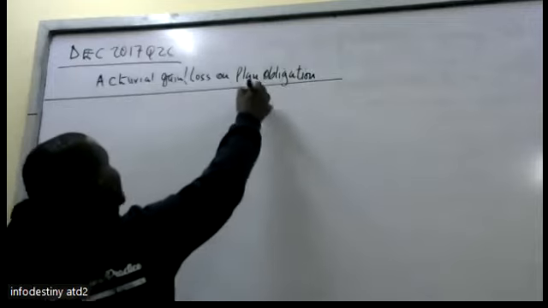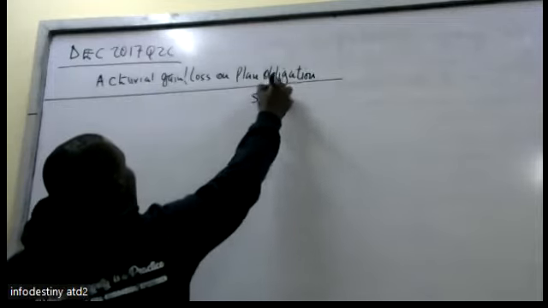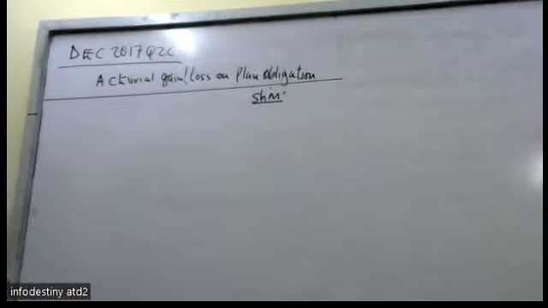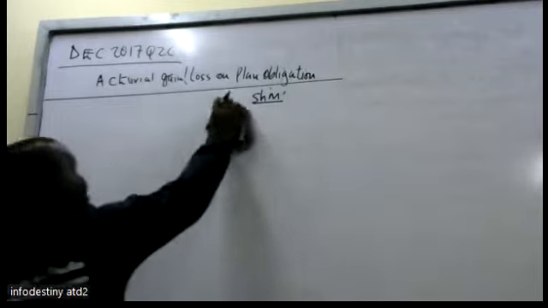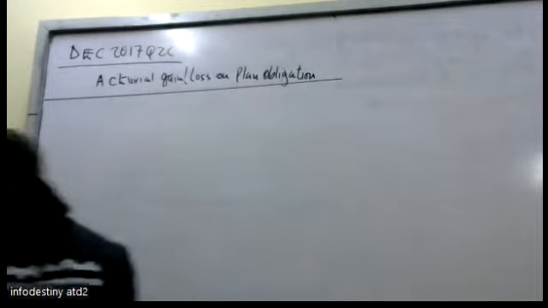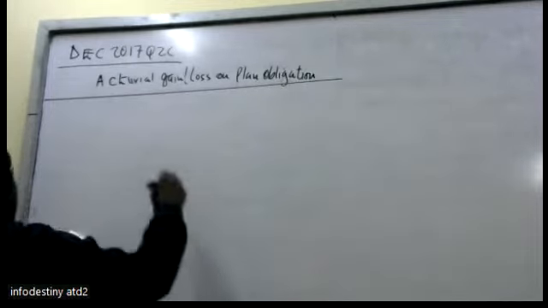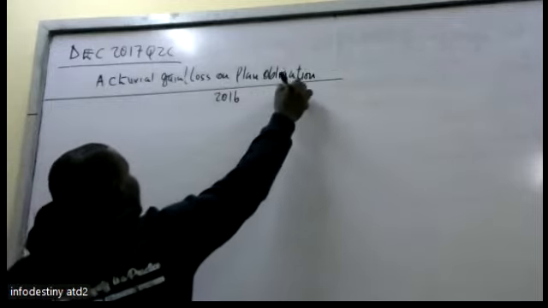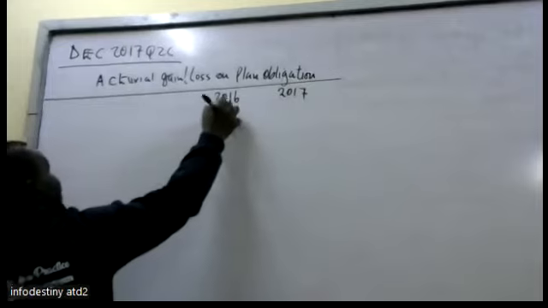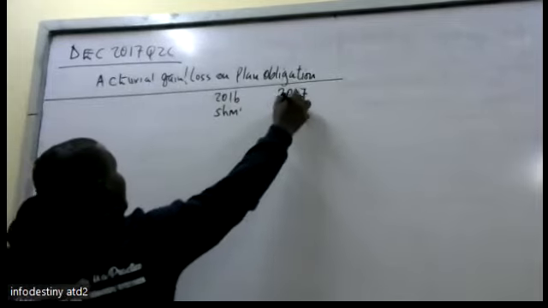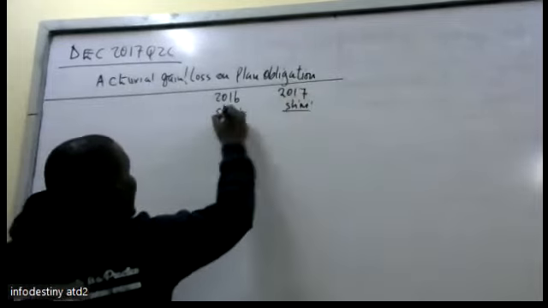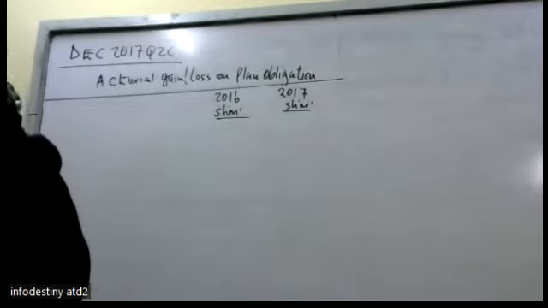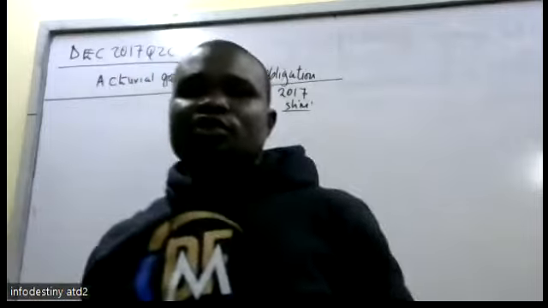Shillings in millions. There are 2 years, so the 2 years we must present them together: 2016, 2017. Shillings in millions. So you have to get the gain or loss for each.